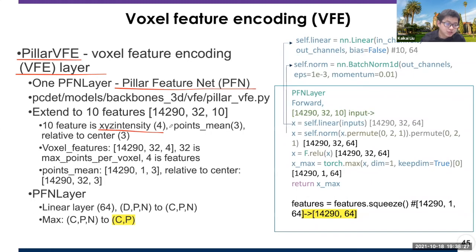Now they extend it to 10 features. This is also mentioned in the paper. How do they extend X, Y, Z, intensity? They calculate the points mean over all the LiDAR points, then each point relative to the points mean. They also calculate the center of the pillar, relative to the center of the pillar. Altogether, they have 10 features.